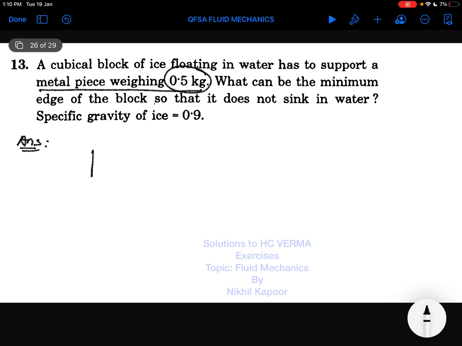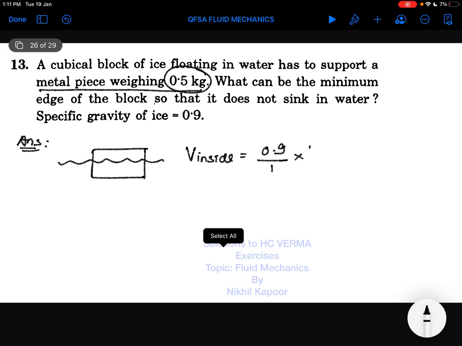So first of all, we need to find, while floating freely in water, the volume of the ice inside. The volume of the ice block floating inside the water would be equal to density of ice upon density of water times the total volume. So it has to be 0.9 times the total volume.